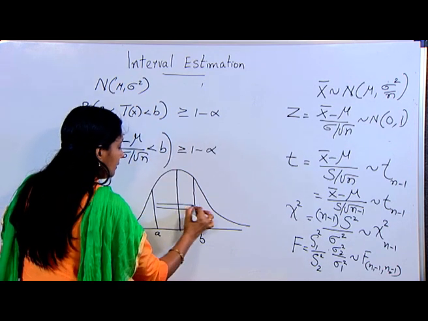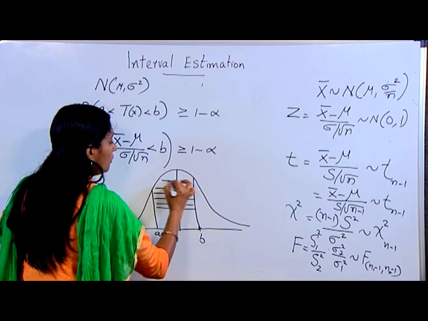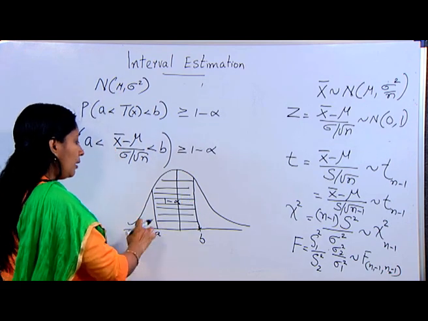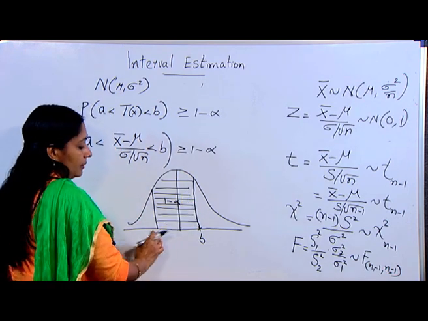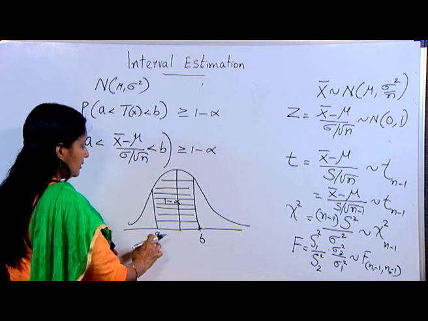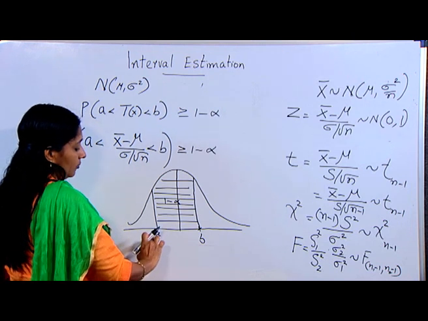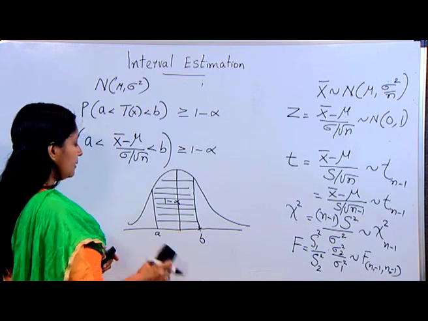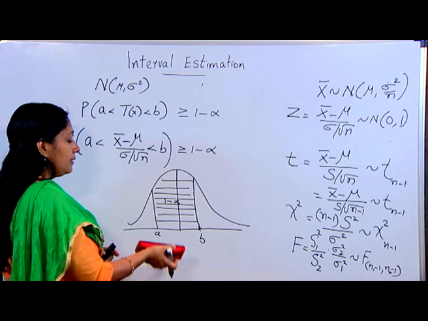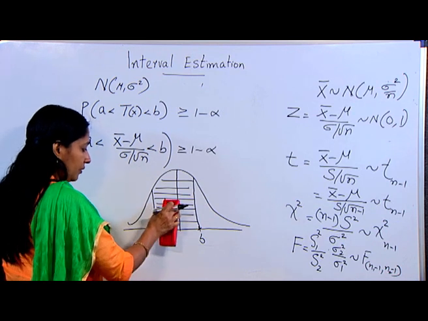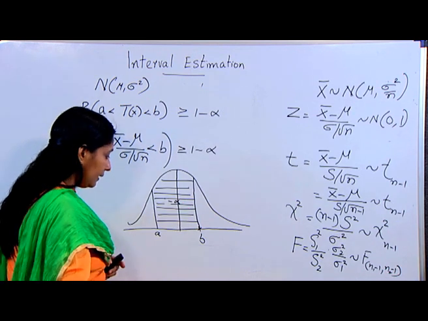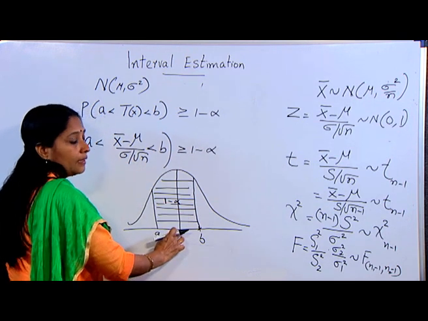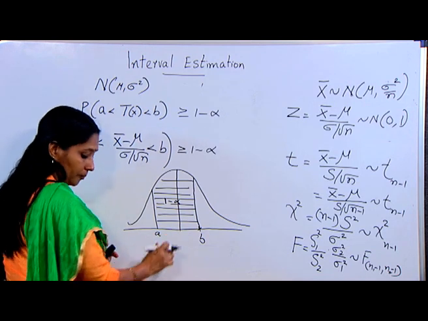If you consider this area as 1 minus alpha, we can find several points on the x axis such that the area between a and b is 1 minus alpha. But since the standard normal distribution is symmetric, we consider these points a and b at equal distance from the center, that is from 0.